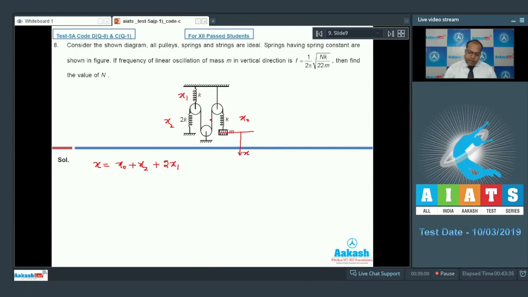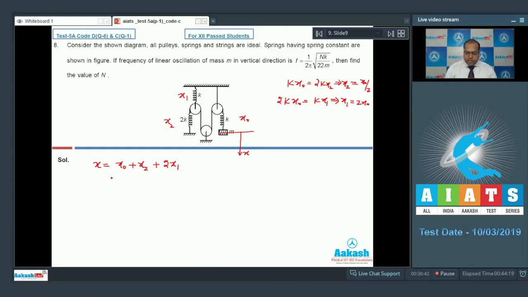Now this k, this string, and this 2k are in series, so if x0 is the extension in k, then k into x0 must be equal to 2k into x2. From here the value of x2 comes out to be x0 by 2. Similarly, writing the relation between x1 and x0, 2k x0 is equal to k into x1, so the value of x1 comes out to be 2 times x0.